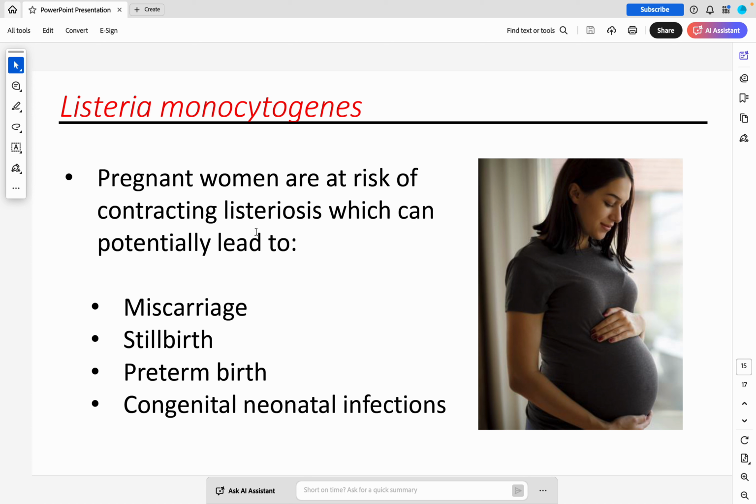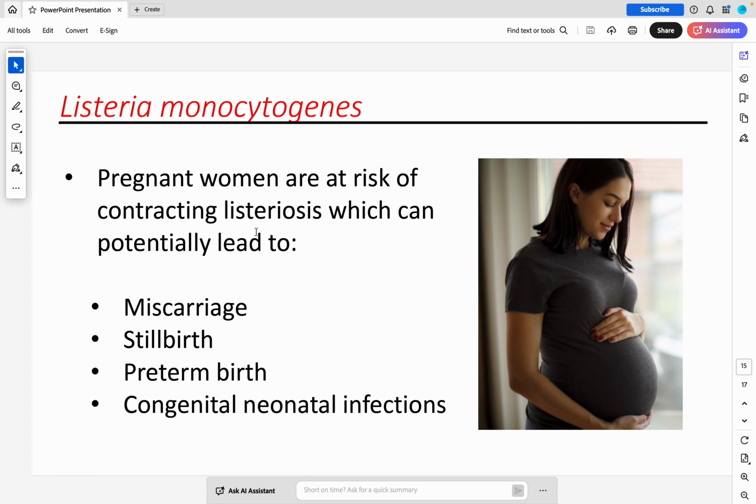So I've mentioned all of these already. Pregnant women are at risk, especially since, as a foodborne pathogen, L. monocytogenes is very hard to control. It's a very tricky foodborne pathogen to eliminate since it is able to reproduce itself in freezing temperatures. So sterilization may not always work.